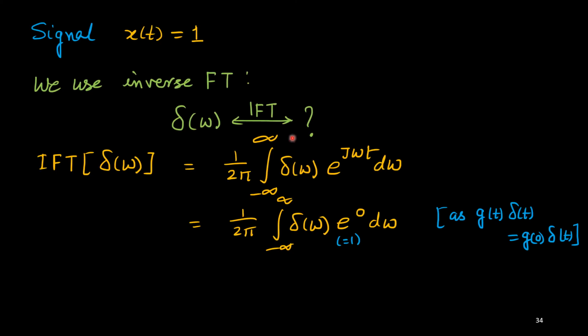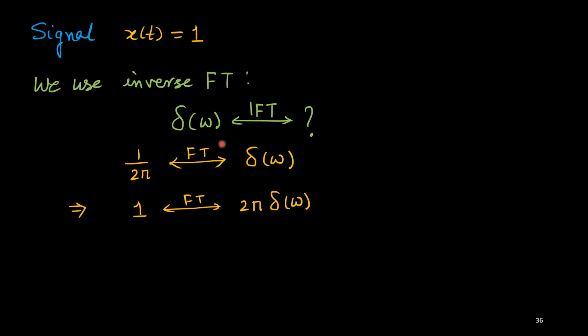Same thing we'll do. So this is your delta function. So here we'll put omega equal to 0. So e to the power 0 equals 1. Thus this is becoming only delta of omega d omega, and its integral, you know, equals 1 because it is a unit impulse. So this value is 1. So thus it is 1 upon 2 pi only.